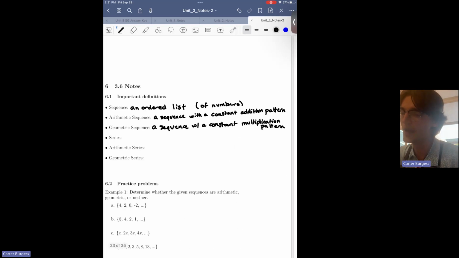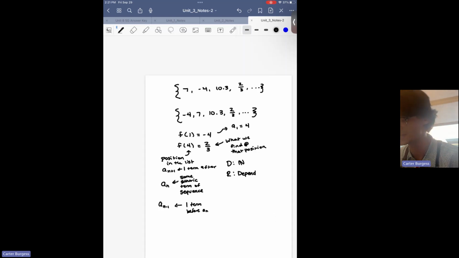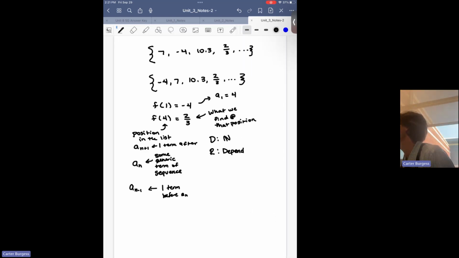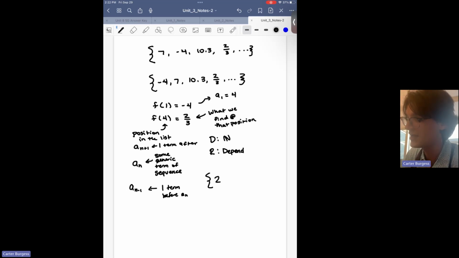All right. What do I mean when I say a constant multiplication or addition pattern? I can think of some pretty interesting multiplication patterns that would certainly not be bad and useless like the junk that we see up at the top here. For instance, I could think of a sequence that starts at 2, and then I multiply by 2 to get to 4, and then maybe I multiply by 3 to get to 12, and then maybe I multiply by 4 to get to 48.